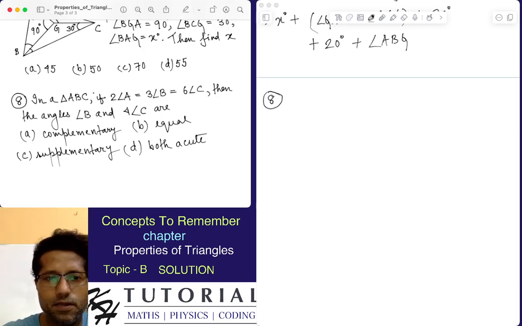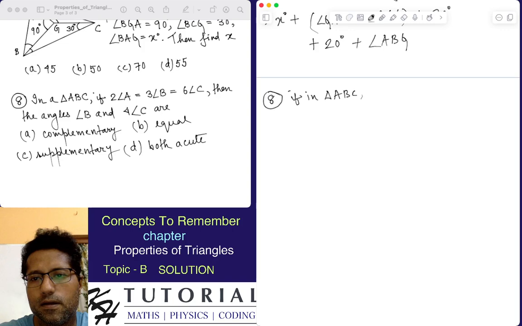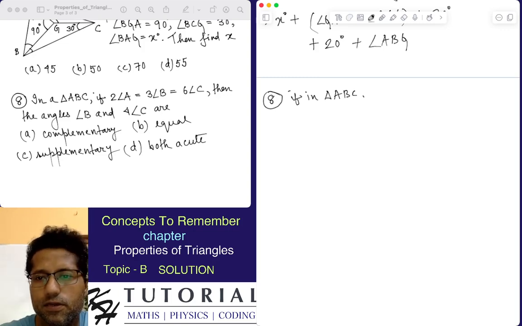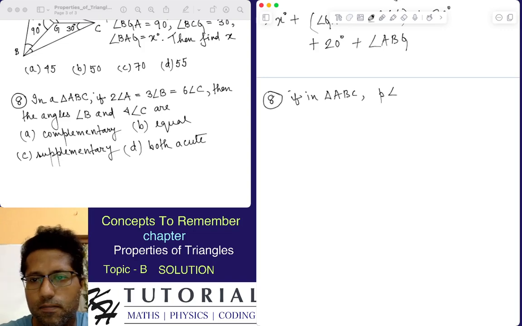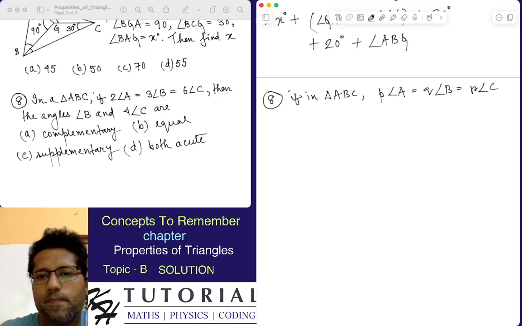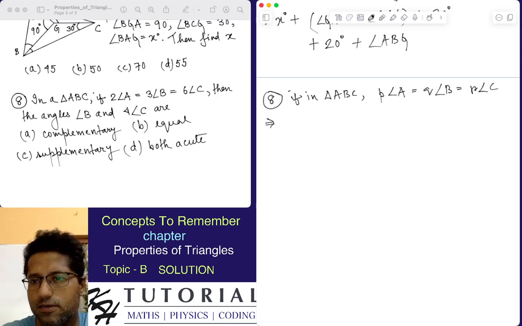I have already mentioned that if in triangle ABC it is given that P times angle A is equal to Q times angle B is equal to R times angle C, where P, Q, R are some non-zero numbers, then I have discussed a direct formula to find the angles A, B, C.